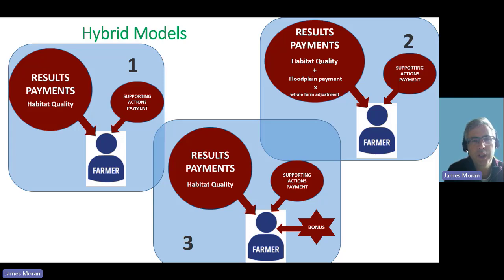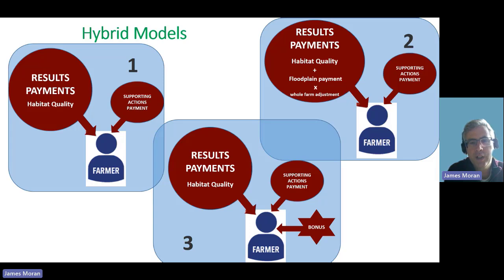And also within these, you can include floodplain payments as well to reward storage of water at high water levels and reward the farmers for those actions. Again, these are often combined with supporting actions to put in new infrastructure where the existing infrastructure is poor in order to get high up on the scoring.